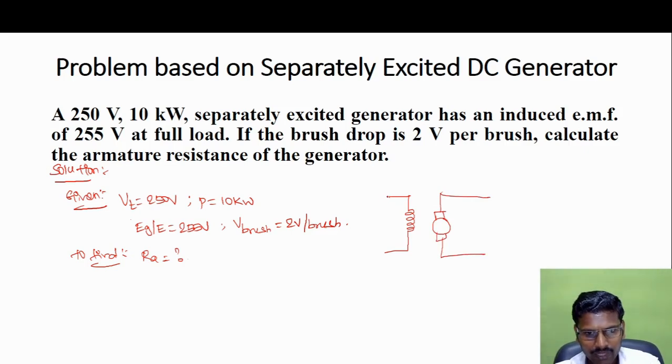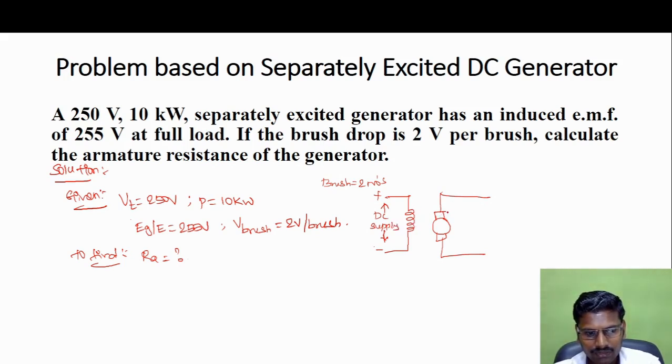Normally there will be two brushes, so the brushes will be two in number for this question. This is the excitation DC supply for the field winding.